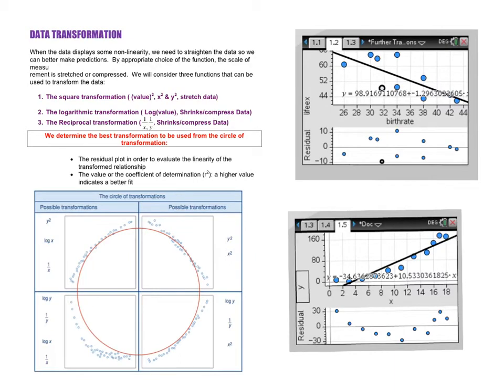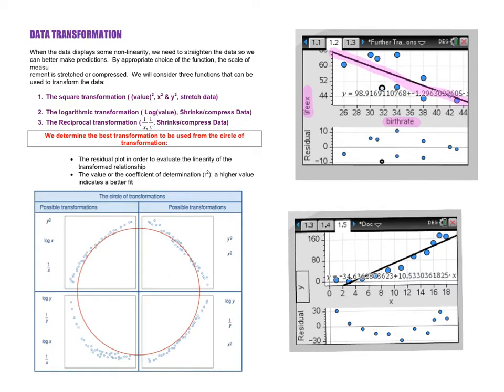Okay, in today's lesson, we're going to look at transformation. Just recently, we've been looking at scatter plots, and here was one we did the other day, birth rate against life expectancy. We created a scatter plot and put the least squares regression line onto it.